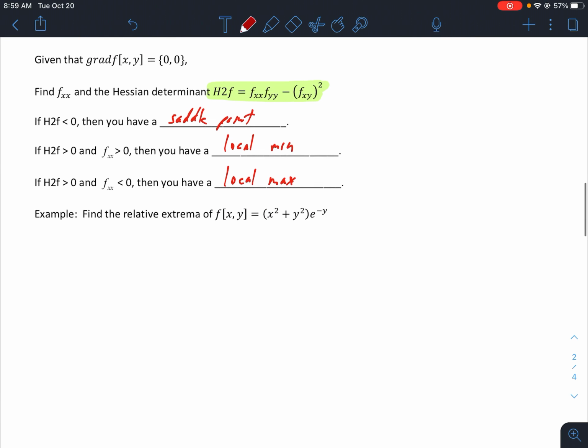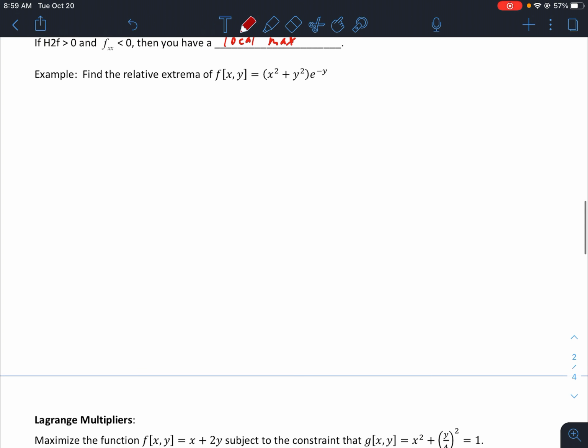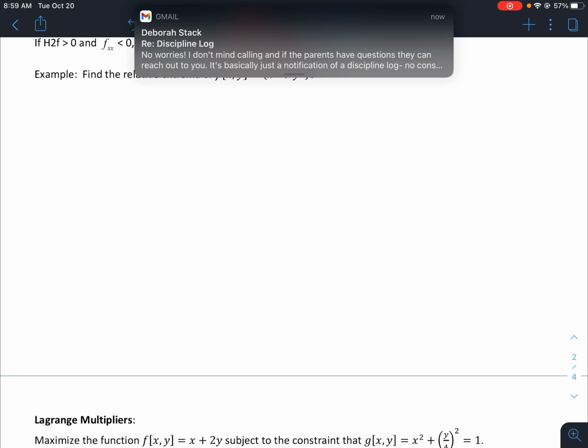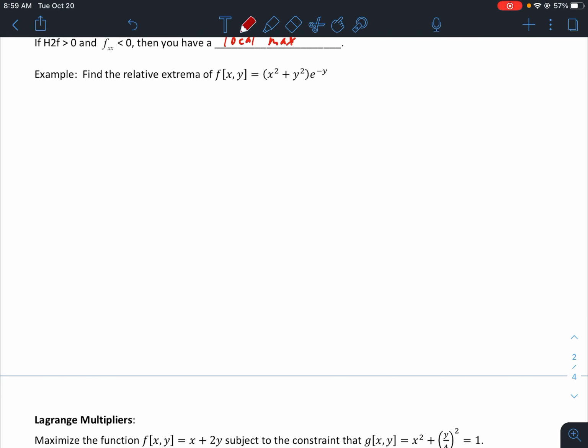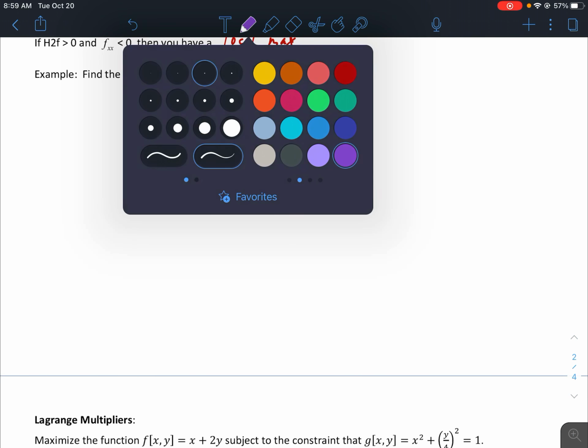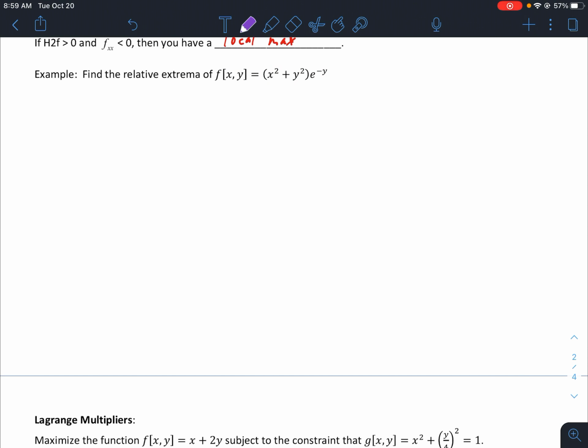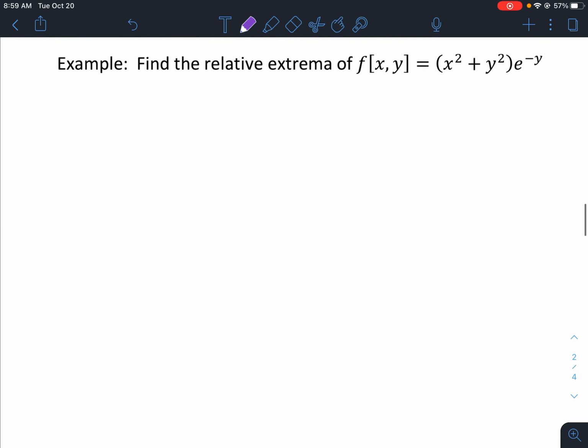All right, so let's take a look at an example here. A lot of work for these problems that you're doing by hand. So the first thing we're going to do is take the gradient and set it equal to 0.